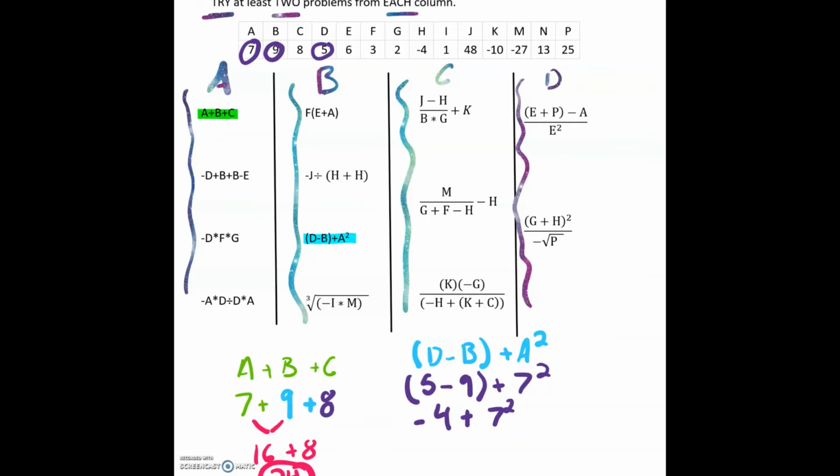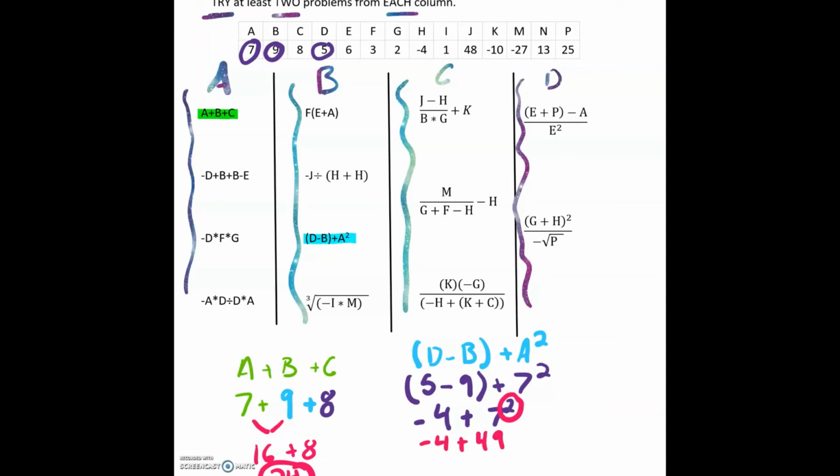What was next in GEMS? We have our G. What was E? Exponent. So now I'm going to look at my exponent. So we have -4 plus 7 squared, which means 7 times 7. Yep. So 7 times 7 is 49.